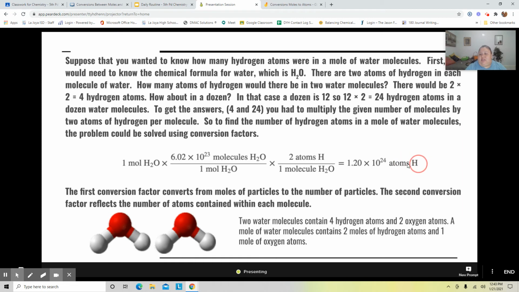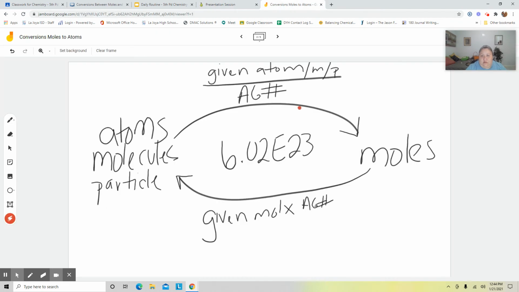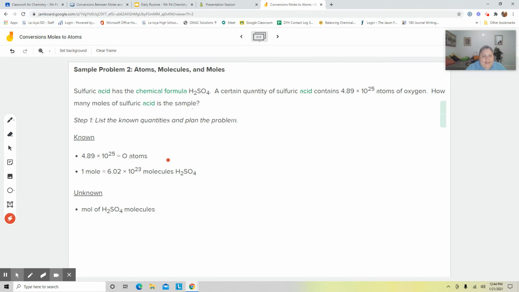So the first thing I need to do is figure out how many of the element are in the compound. So right now, I'm trying to figure out how many oxygens are in the compound that they're asking me for. And in this case, they're asking me for moles of the molecule H2SO4. Everybody see that right here?